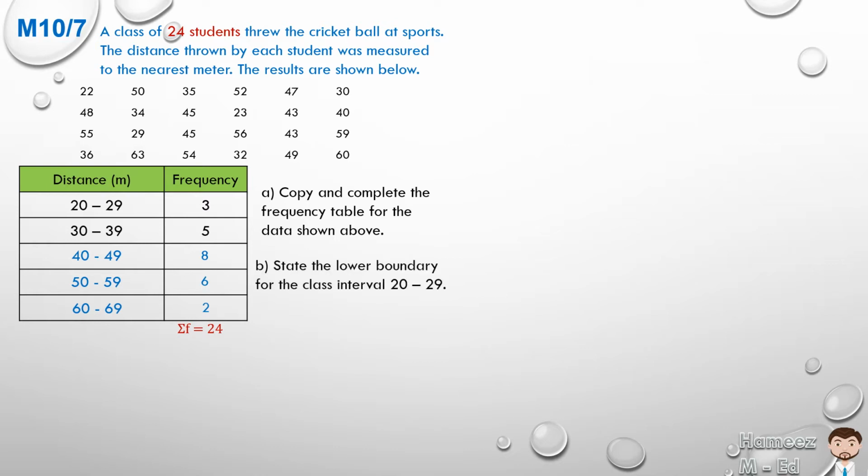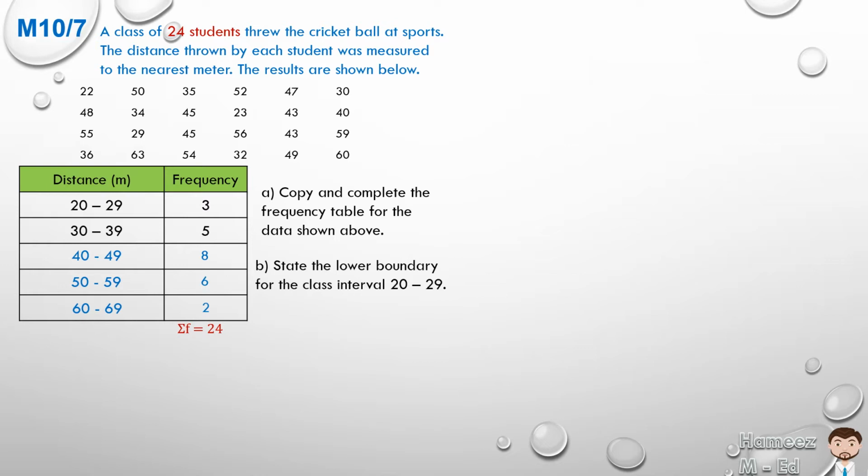Now we move on to part B. State the lower boundary for the class interval 20 to 29. So that is our first class interval that was given in the table. If we look at number 20, that is our lower limit. If we consider now a boundary, it would mean that we're expanding it somewhat so that it moves from the point of a bar chart into a histogram.